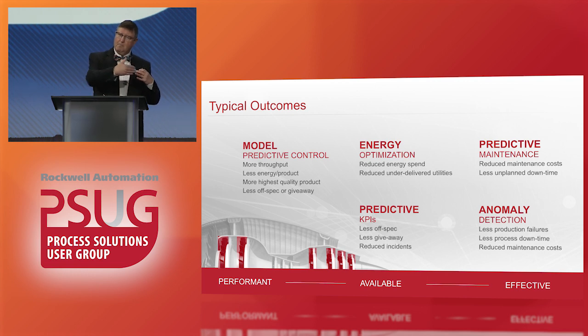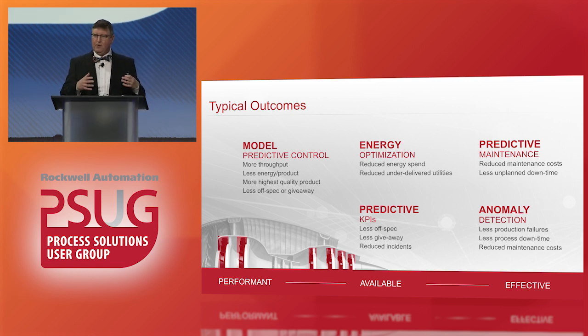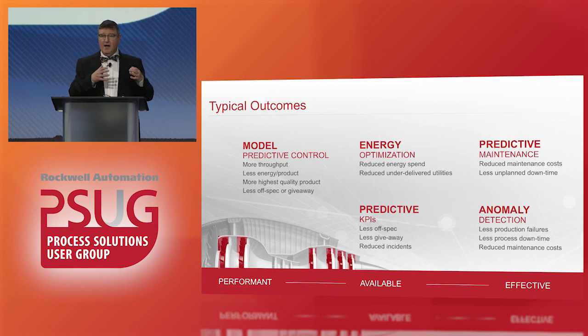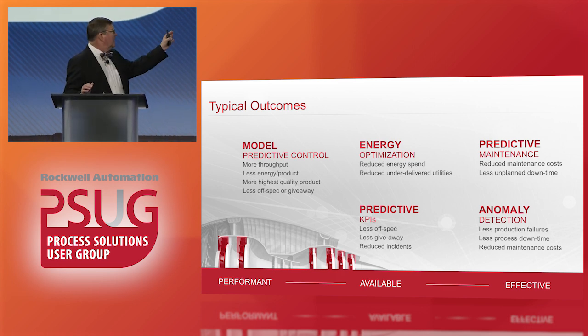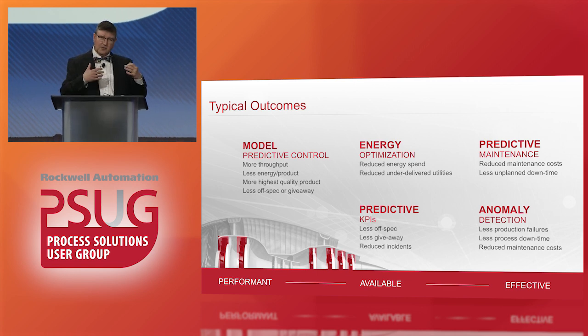Their value proposition is, how do I get more from the plant when things are going properly? As opposed to that, predictive maintenance and anomaly detection are about avoiding problems. Tell me when something's going wrong. Don't let my plant shut down. Tell me before something fails. Don't let me run with poorly set up equipment for a very long time. The benefits of these are completely additive, contributing to the performance of your plant in independent ways.